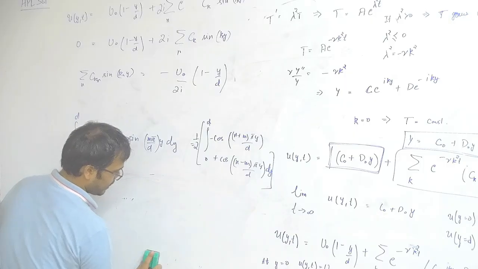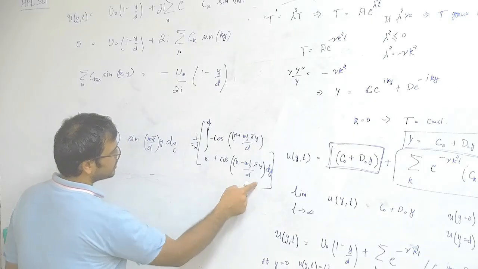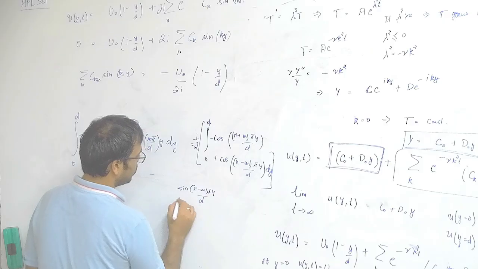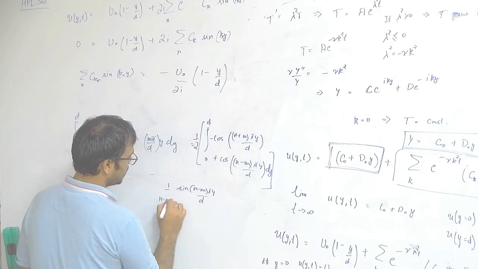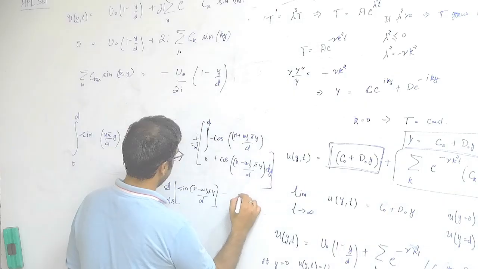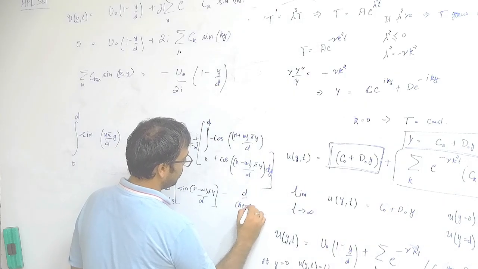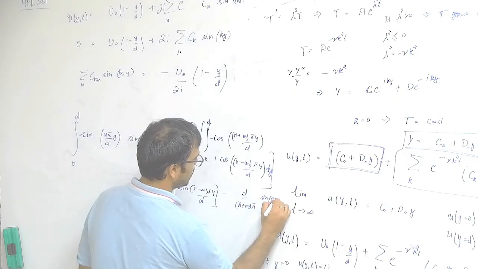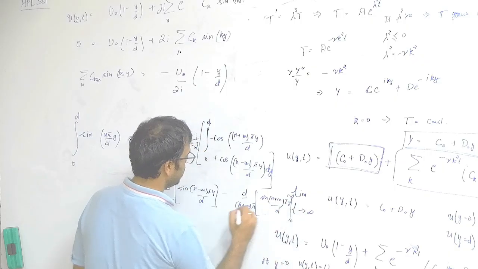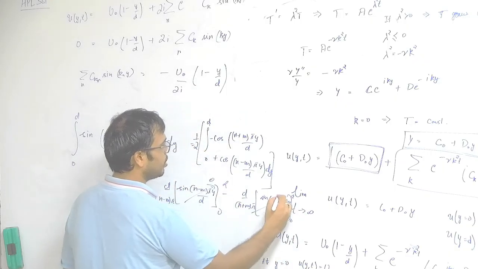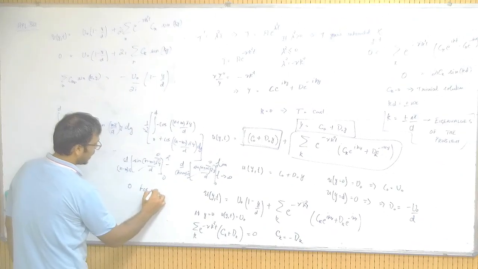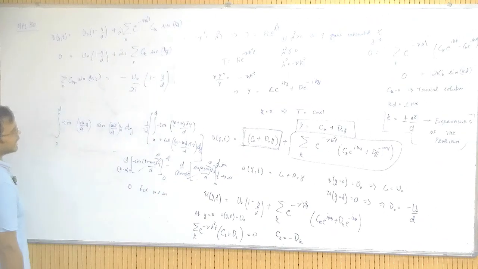This will give you sine of (n minus m) pi y by d over (n minus m) pi, and then sine of (n plus m) pi y by d over (n plus m) pi, from 0 to d. Both of these are 0 at both 0 and d. So this integral is actually 0 for n not equal to m.